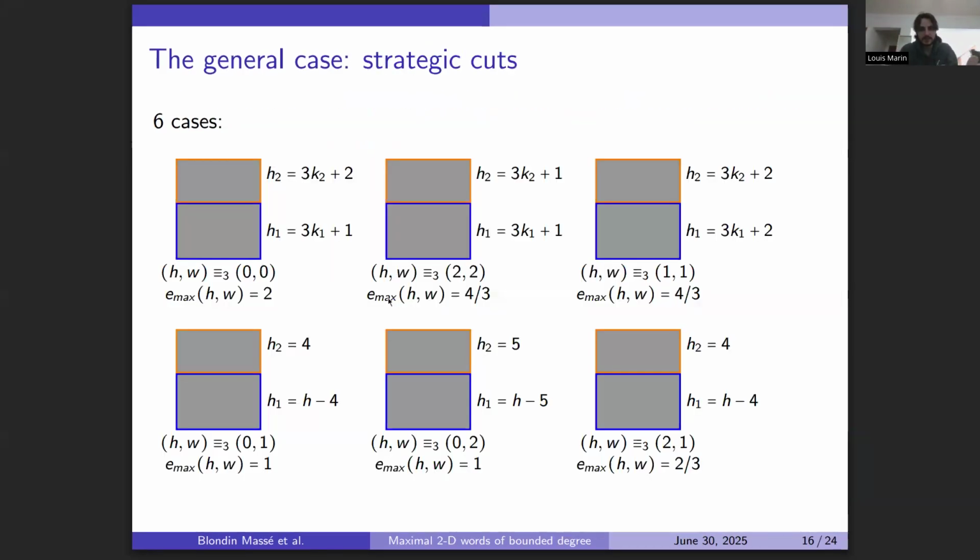When we look at all of the cases, the first 3 cases are cases that work just by arithmetics, like the kind of counterexample I just did. We can do a strategic cut, and then we observe that this factor and this factor, when we add them up, cannot exceed a certain excess.